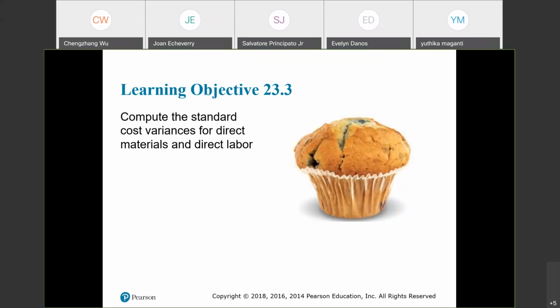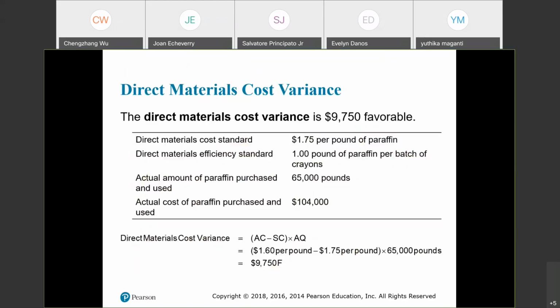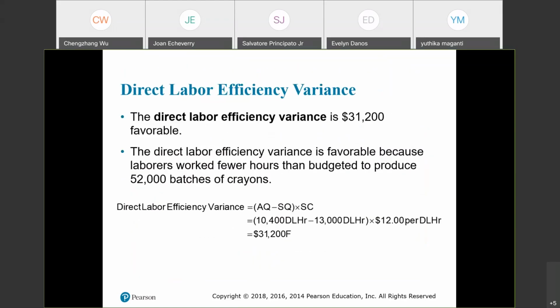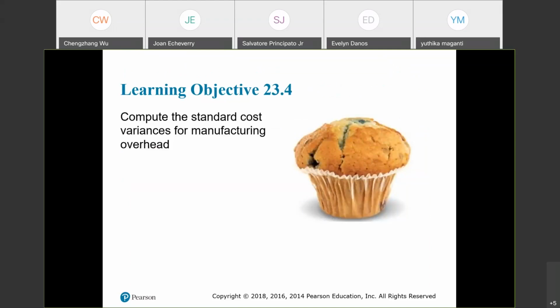We had a little bit left over in the last class. We have looked at the variances in material and labor. There is one more part of the product cost. That is manufacturing overhead.